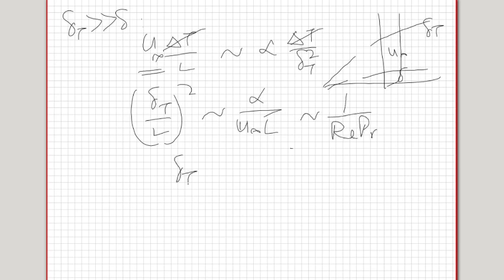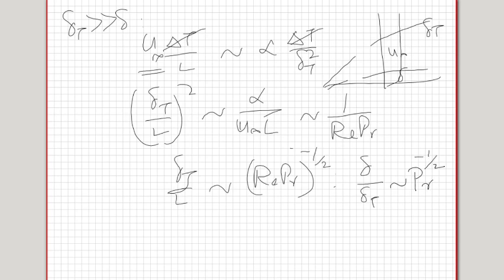So delta T by L is of the order of Re Pr raised to the power of minus half. Okay, so this tells me that delta by delta T is of the order of Prandtl number to the power of half, and in this case this is going to be much less than 1.